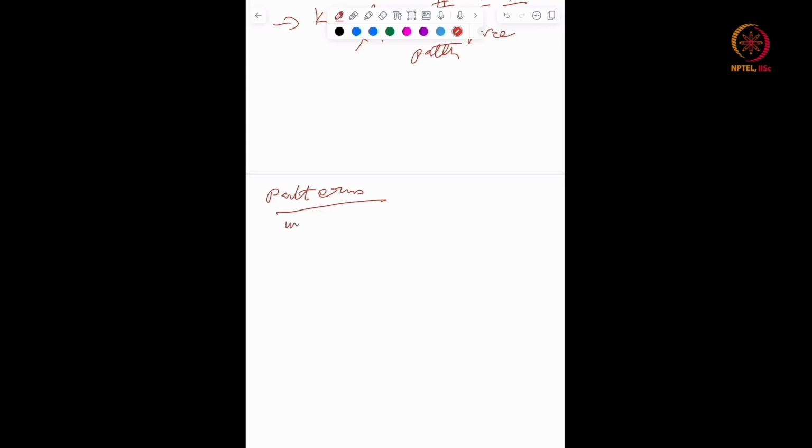So, for example, we image patterns, and how these patterns are linked to the actual flow characteristics is important, because we image patterns, or we measure patterns.